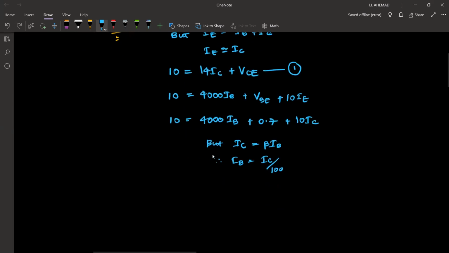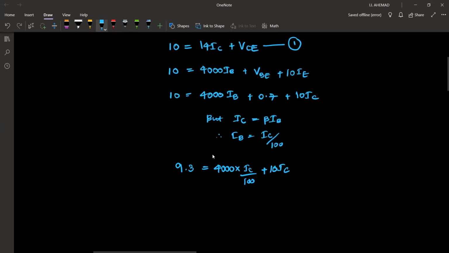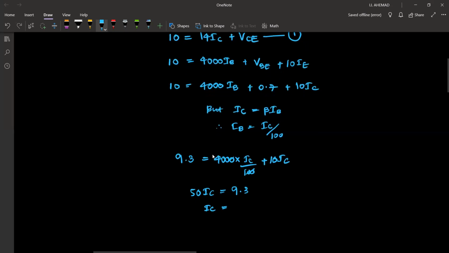If I take this to the other side, that's 9.3. 9.3 is equal to, in place of IB, I can put IC over 100, so 4000 into IC over 100 plus 10 IC. After simplifying, 40 together with 10 is 50. So 50 IC is equal to 9.3. So IC is equal to 186 milliamperes.